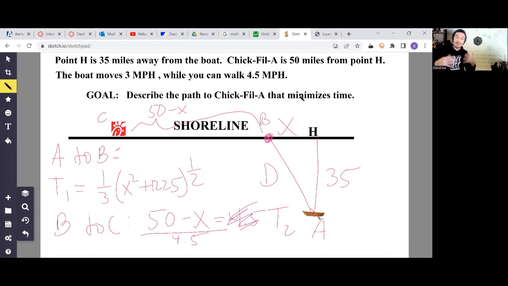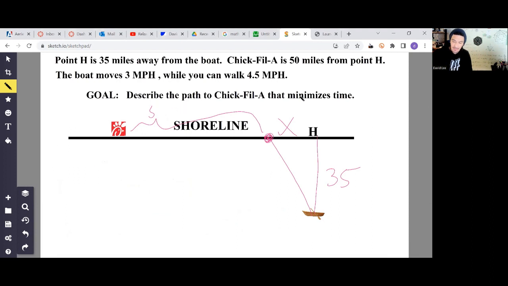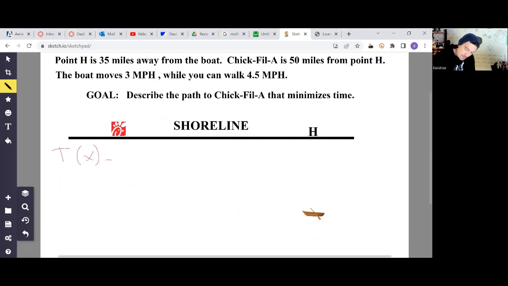So why don't we set up a function for time? So we can go like T of X. Let's get all this out of the way. We can go T of X equals, over here, we have 1/3 times (X squared plus 1225) to the 1/2 plus (50 minus X) over 4.5.